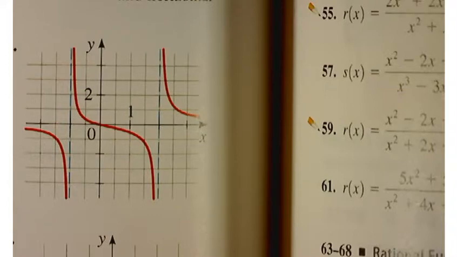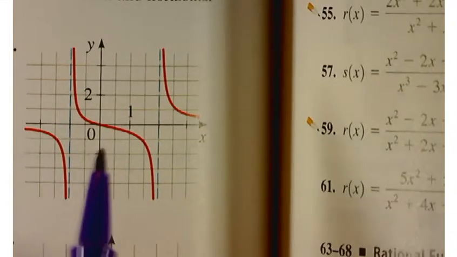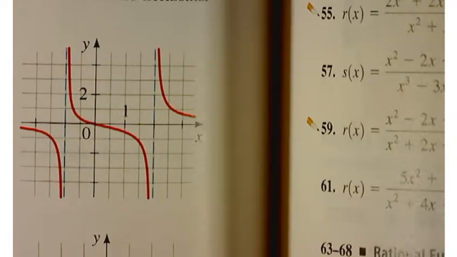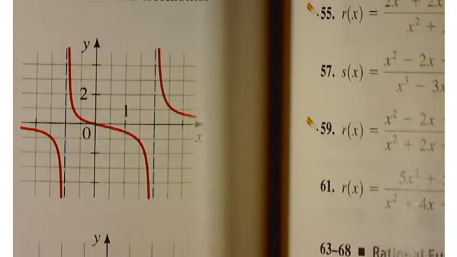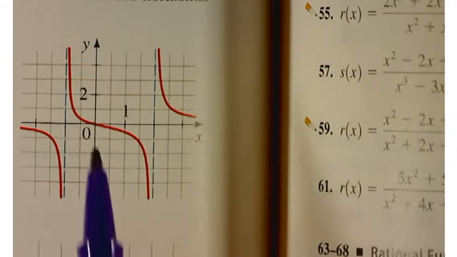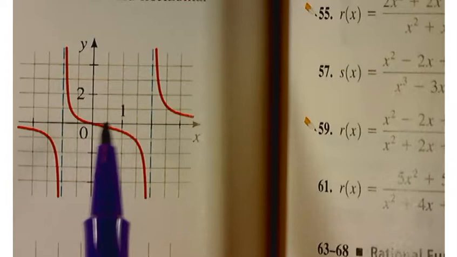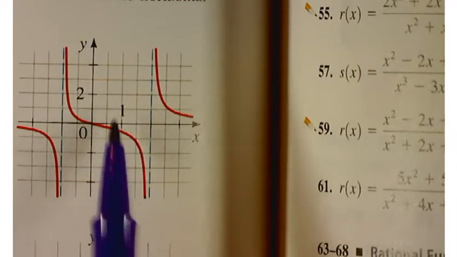One thing you have to notice on problem number 28 is the scale. If I move over 2, then that puts me at x equal 1. You should be able to see that this graph has a couple vertical asymptotes. Where are those vertical asymptotes? So remember, when you move 2 spaces, 1, 2, that's really x equal 1.